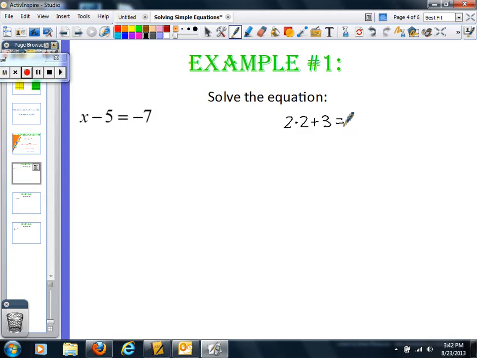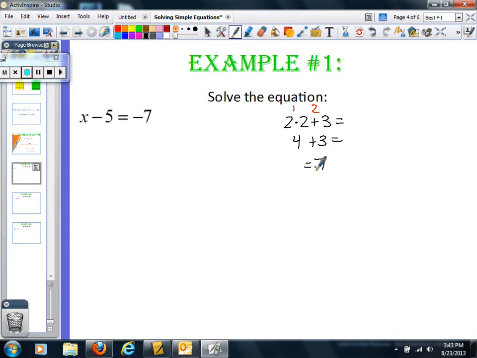In this case, I would do the multiplication first, then the addition. So 2 times 2 is 4 plus 3, and 4 plus 3 is 7. That's how I would simplify or evaluate this equation.